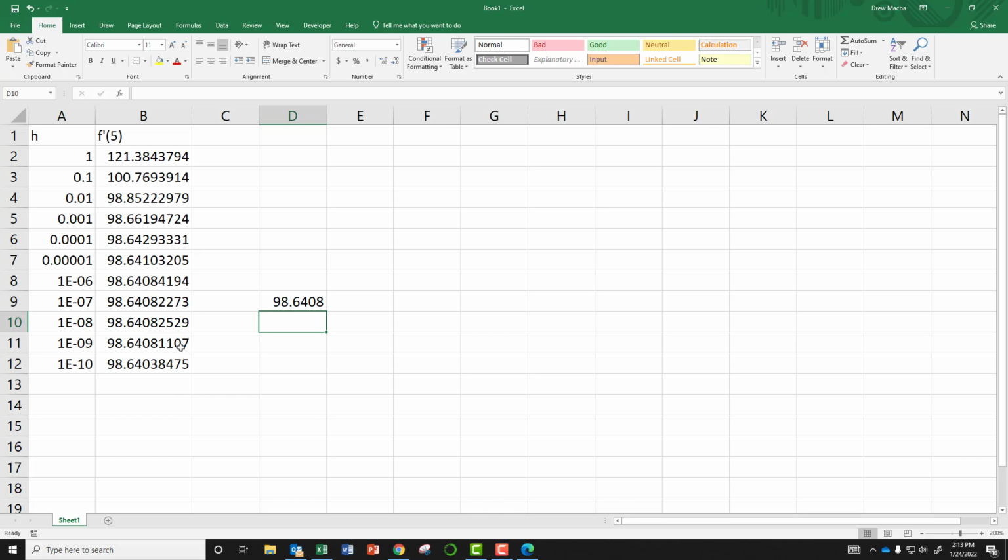I personally can't tell whether these are becoming more and more accurate or whether the very tiny value of h is messing with the round-off error that Excel uses as it's performing the calculation. These are obviously bad, and that one's probably bad. But I always know that these first 6 digits are good.